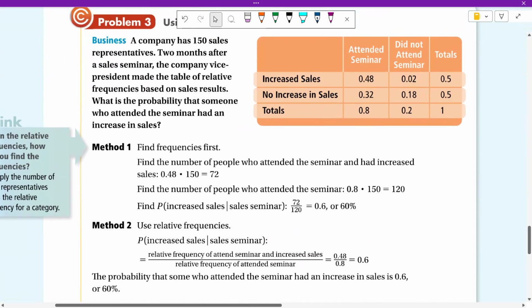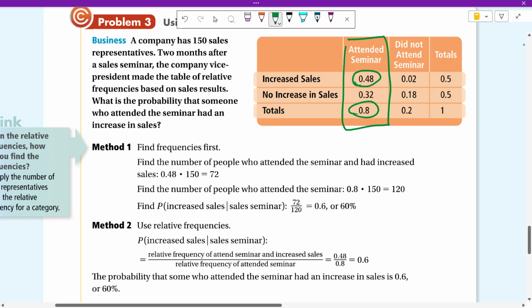A company has 150 sales representatives. 2 months after a sales seminar, the company vice president made a table of the relative frequency based on sales results. What's the probability that someone who attended the seminar had an increase of sales? So, of those that attended the seminar, how many had an increase of sales?